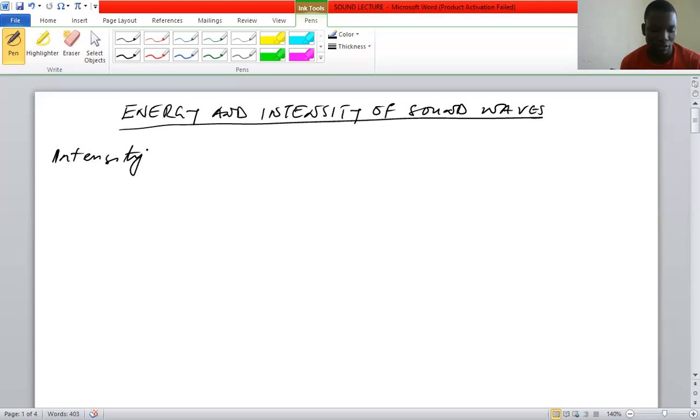So you are talking about the amount of energy that is passing per unit time and per unit area, okay, around a given point. And this amount of energy is also passing in a perpendicular direction.